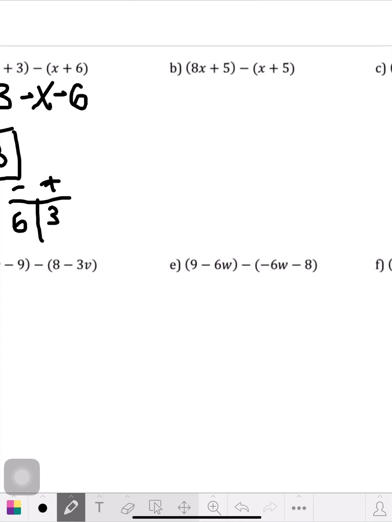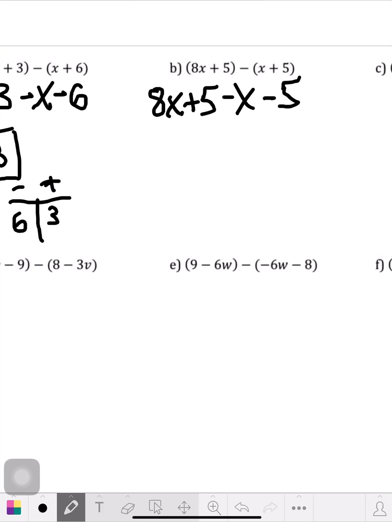Number B, you have 8x plus 5. We can write that down as is. We just got rid of those parentheses. Now you have another negative, -1; you can put a 1 in there. So -1 times a positive x is going to be a negative x. Now a -1 times a positive 5 is going to be a -5.